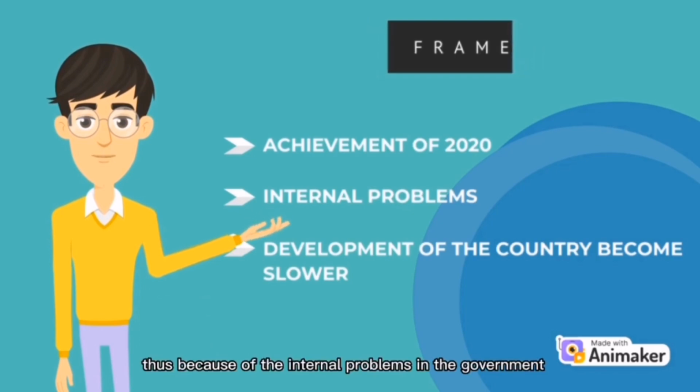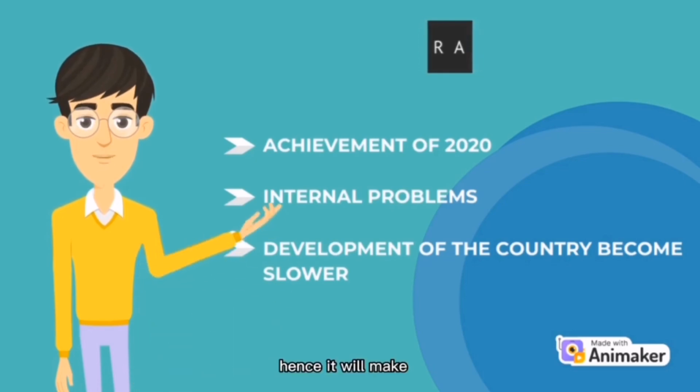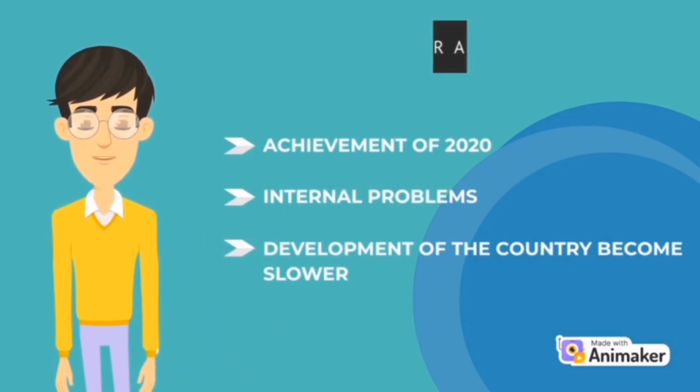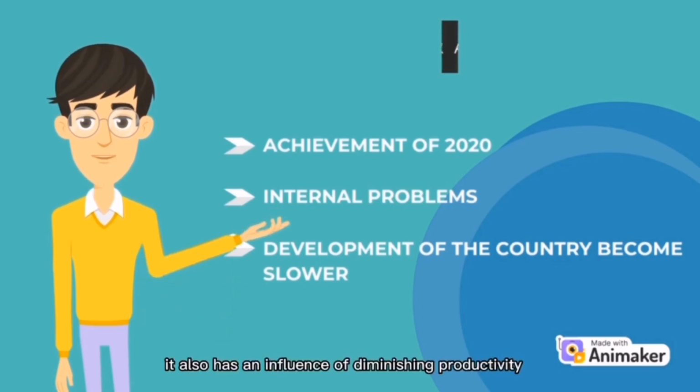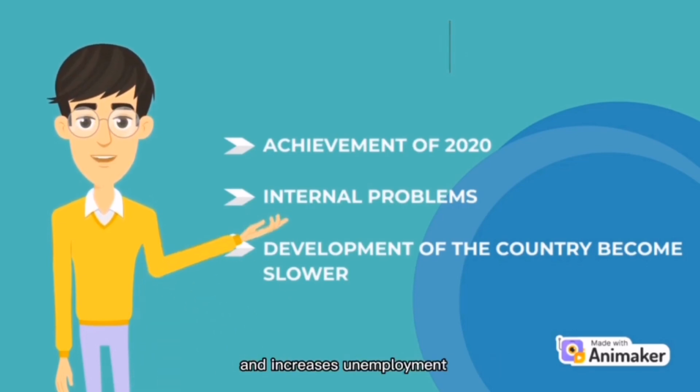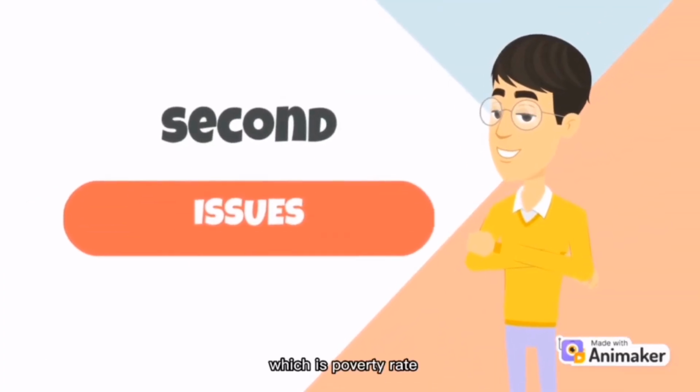Because of internal problems in the government such as corruption, the community became the victims of it because the authority misused power for their own benefit. Hence, it makes the development of the country slower. It also diminishes productivity, which causes discouragement in the job market and increases unemployment. Then, the second issue is the poverty rate.